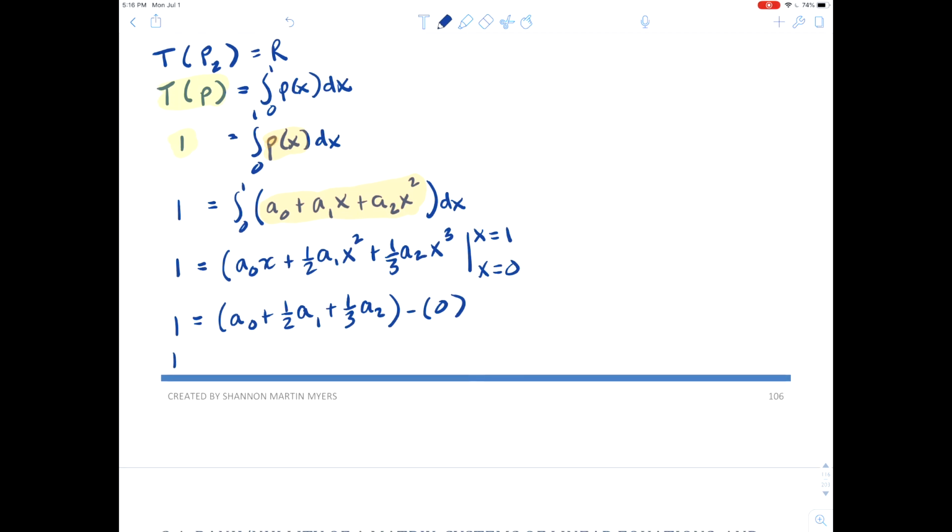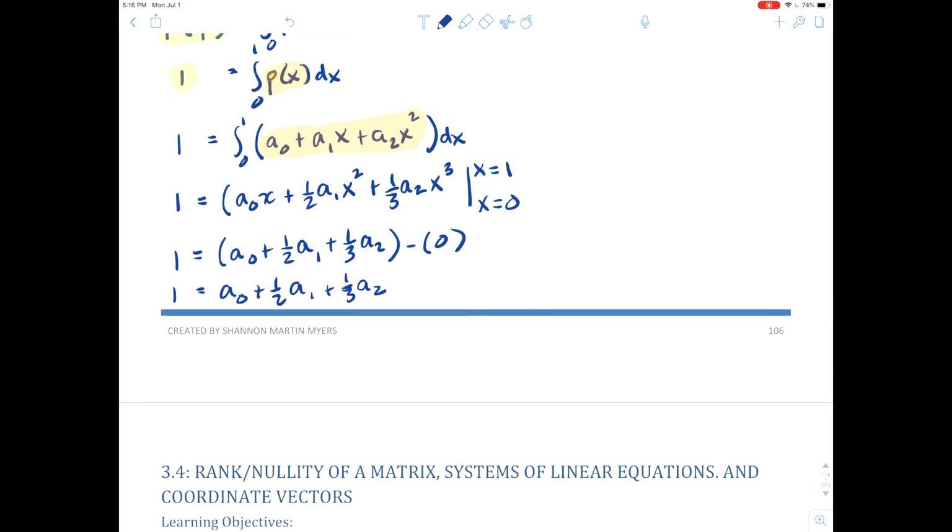So we would get 1 equals a0 plus 1/2 a1 plus 1/3 a2. Well, why don't we isolate a0? So if we isolate a0, what will we get? Well, we will get 1 minus 1/2 a1 minus 1/3 a2.